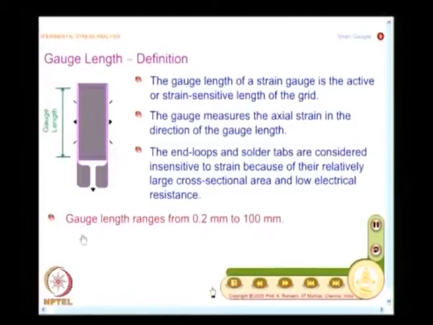And another aspect is, what is the range of gauge lengths? It ranges from 0.2 millimeter to 100 millimeter. So, you can't simply jump and say I will always use a 0.2 millimeter strain gauge. Unless it is warranted, you should not go for such sophisticated strain gauges, because we have already seen you need 100 millimeter to develop 100 ohms in normal resistance wires.